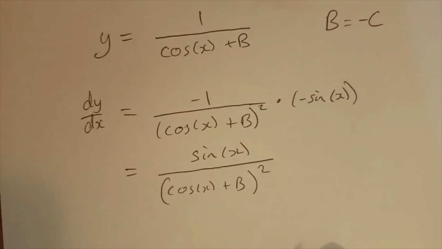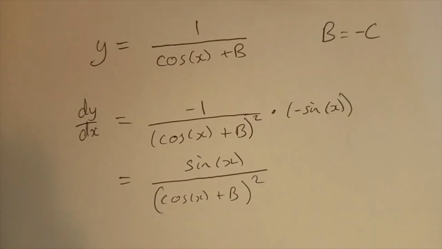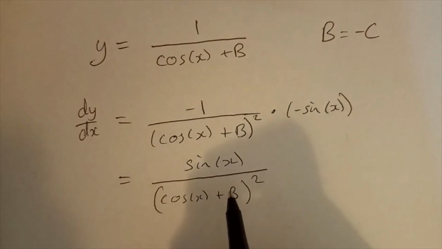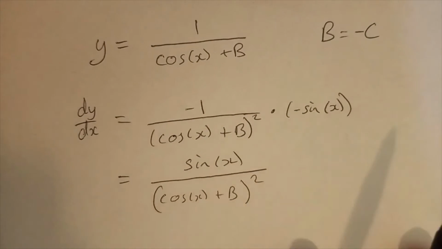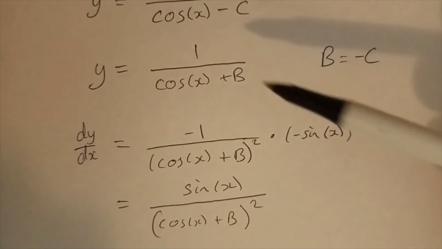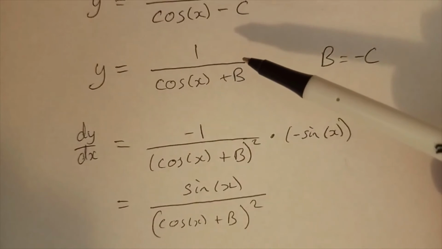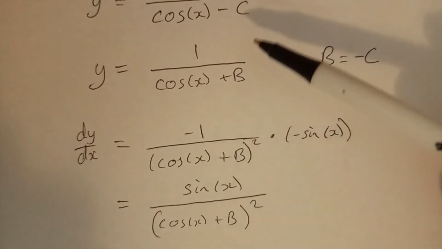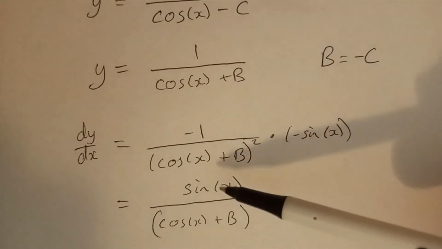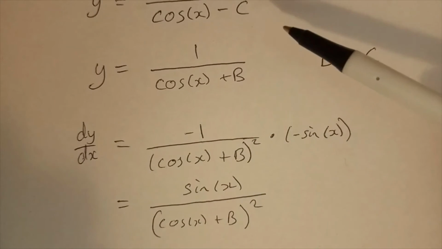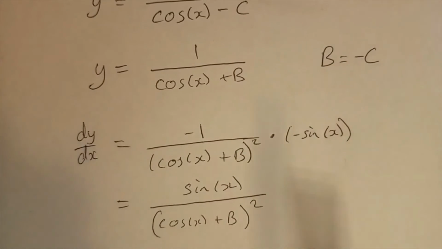But we can see that this derivative is just the square of this function times sine of x.